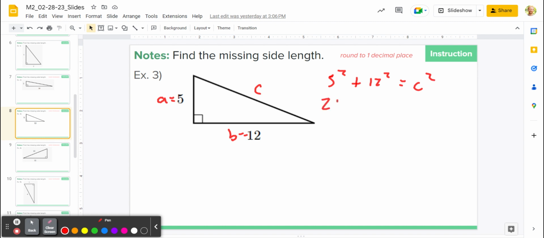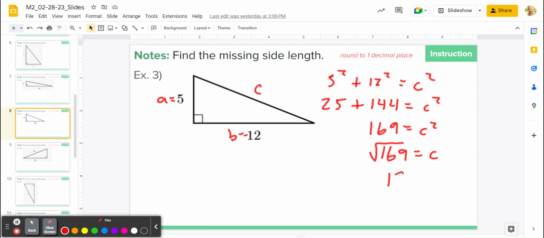This becomes 25 plus 144 equals c squared. And in that case, it is 169 equals c squared. And if we take the square root of 169, that will give us what c is equal to. In that case, it is 13.